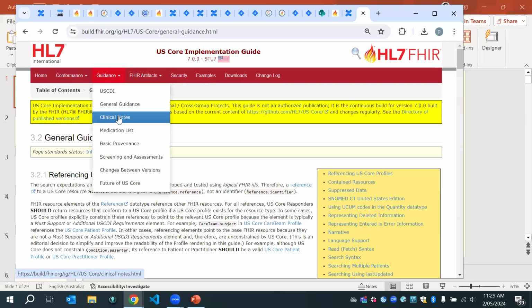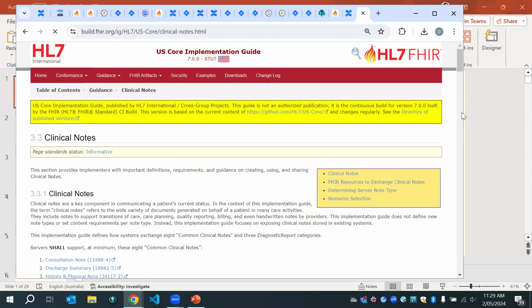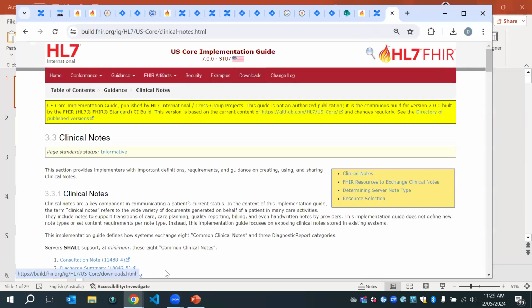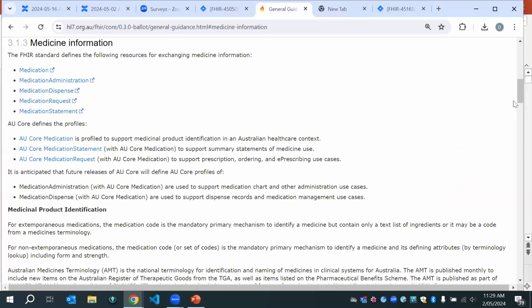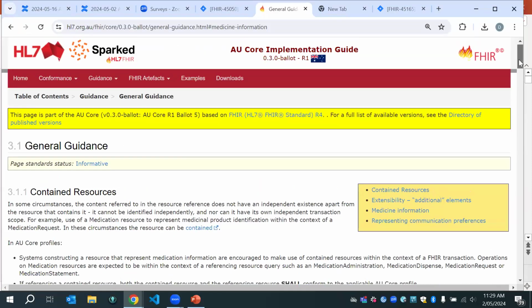So if we ever dealt with clinical notes in AU Core and we're following a US Core pattern, we might adopt that. So that's some potential future for us. Thank you for that context.